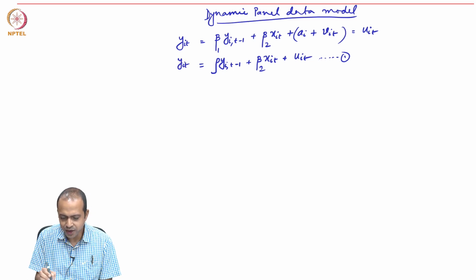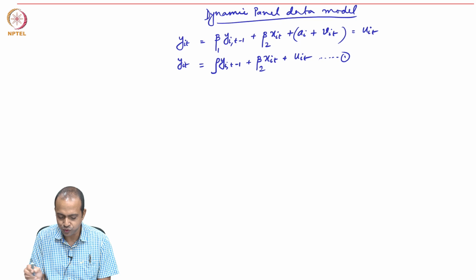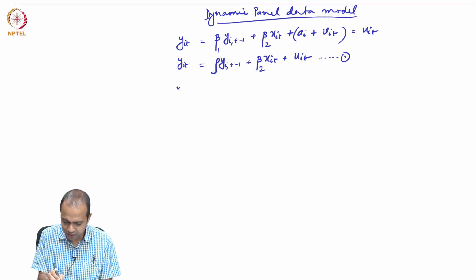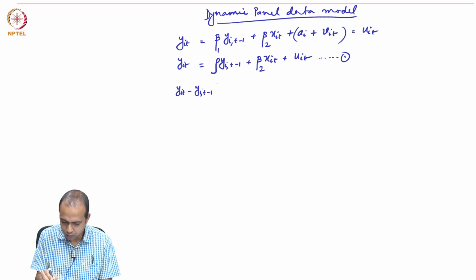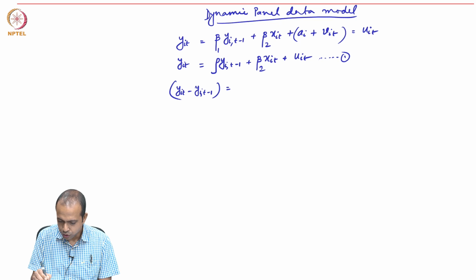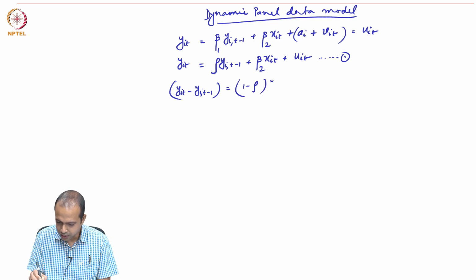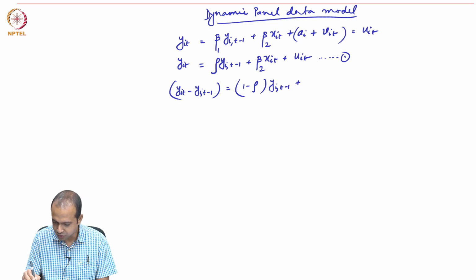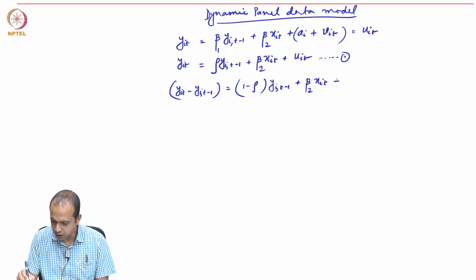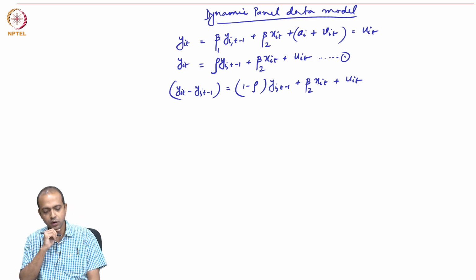So, if we subtract Y_i,t-1 from both sides of equation 1, what we get is Y_it minus Y_i,t-1 equals (1 minus rho) Y_i,t-1 plus beta 2 X_it plus u_it, right.